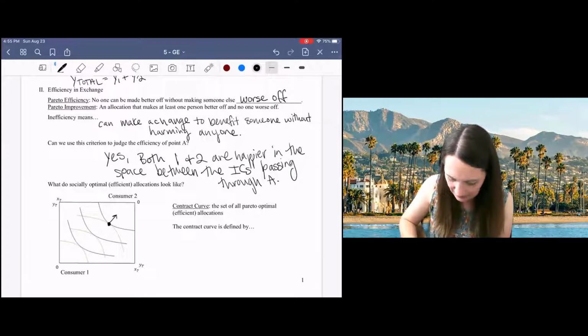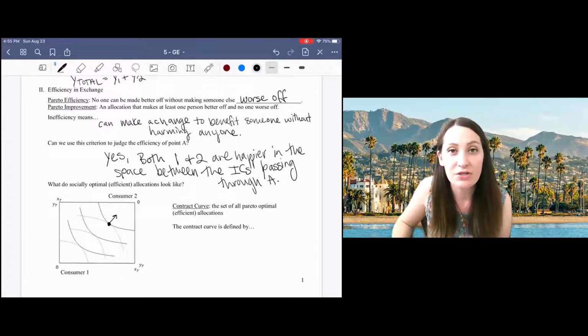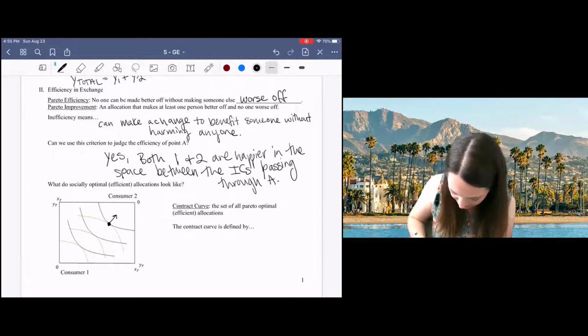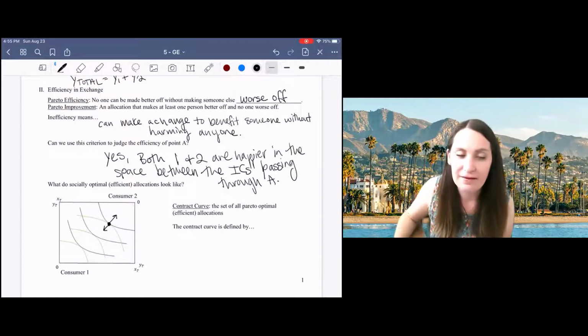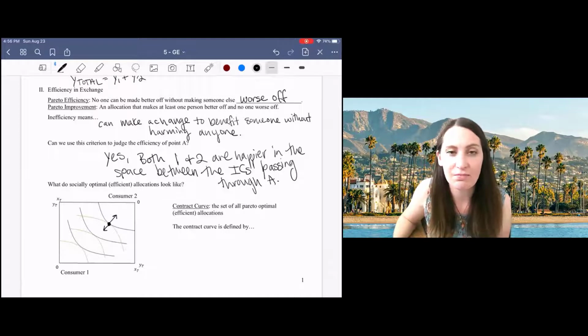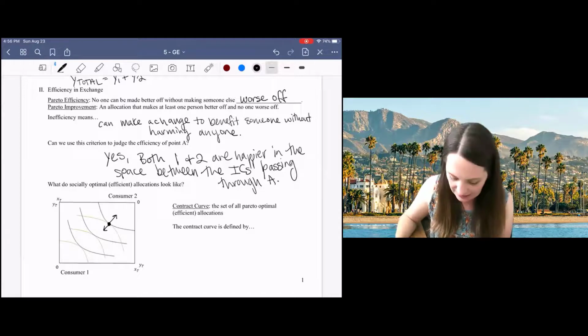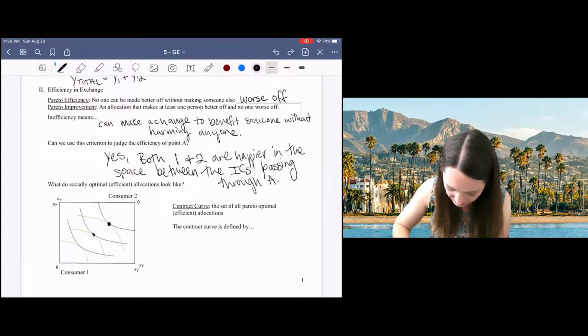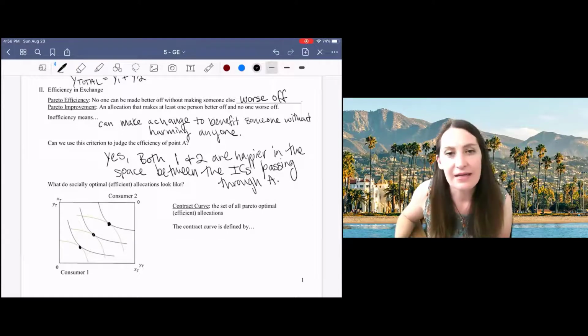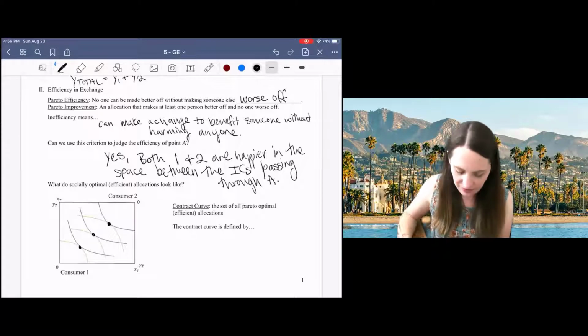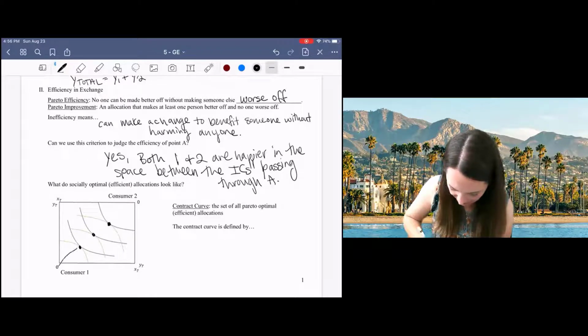Moving this way would make consumer 1 better off, but consumer 2 worse off. Likewise, moving this way would improve consumer 2's situation, but make consumer 1 unhappy. And so you can see at these tangencies between the indifference curves, no potential Pareto improvements exist, and therefore we have a socially optimal outcome.